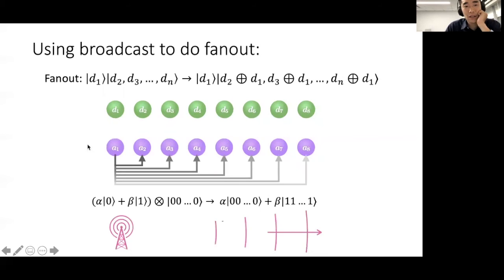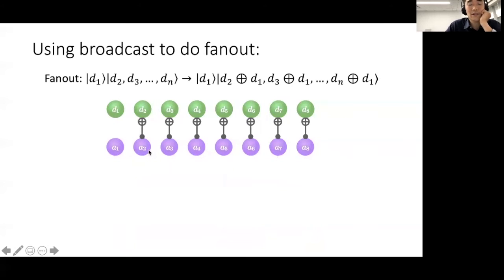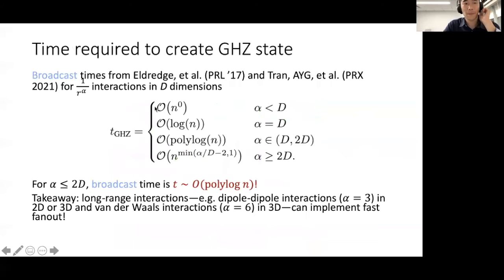Then using the long range interactions or the entanglement generation subroutine, you can broadcast this state on ancilla register 1 to all of the other ancilla registers using this GHZ creation subroutine. And then once you've achieved this, you can apply fan out onto the data registers by using these local controlled NOT gates from the ancilla to their respective data qubits. So that's how you do fan out using this broadcast subroutine.